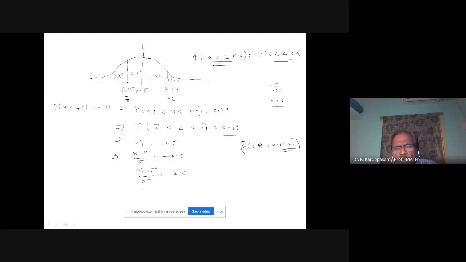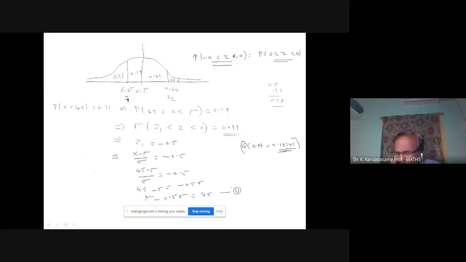Cross multiply: 45 minus mu is equal to minus 0.5 sigma. Bring this minus mu to the other side. Mu minus 0.5 sigma is equal to 45.